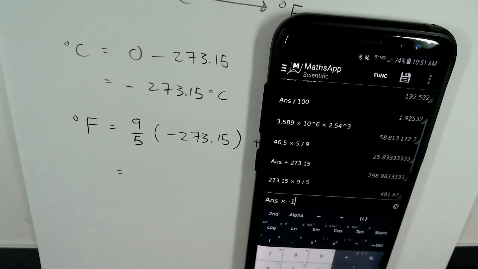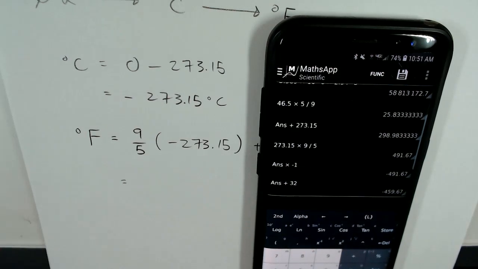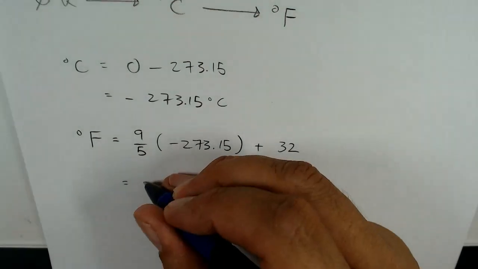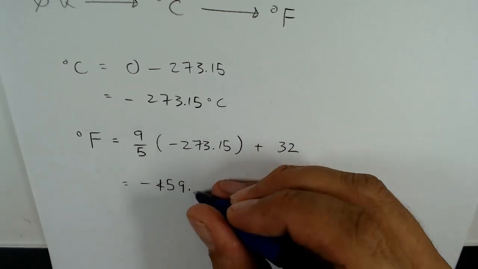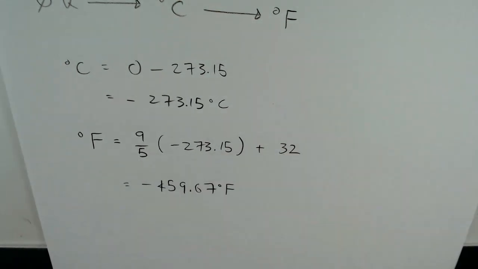So just for that, -1. And then here, plus 32. And I'm getting negative 459.67. Yeah, let's go ahead and take it to all the digits. It's all exact numbers anyway, so pretty cold. So thankfully on Earth, it'll never be at 0 Kelvin.